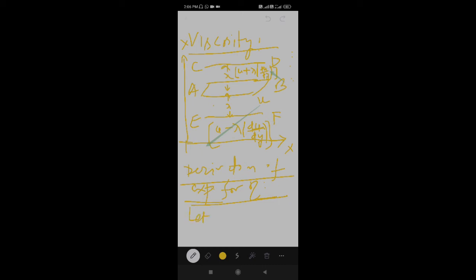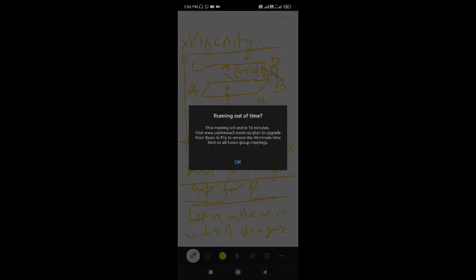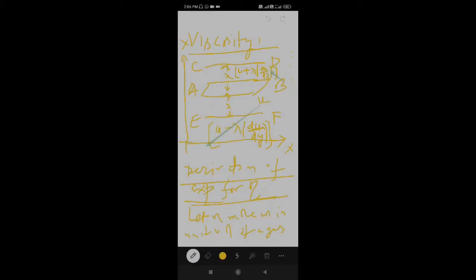Let there be n molecules in unit volume of a gas. This is the number density. We are considering a gas in which there are n molecules in 1 unit of volume.